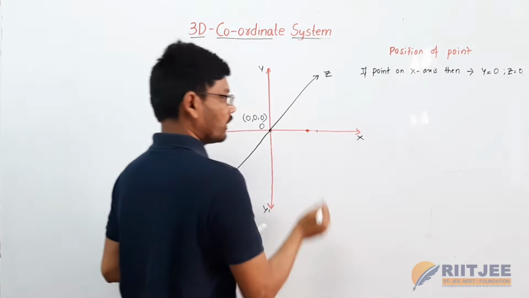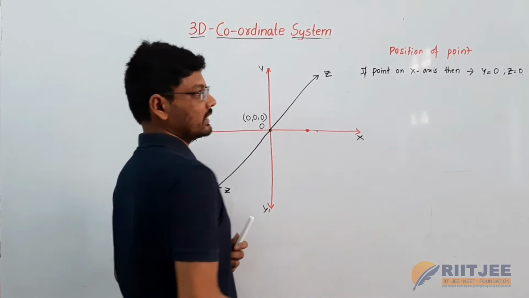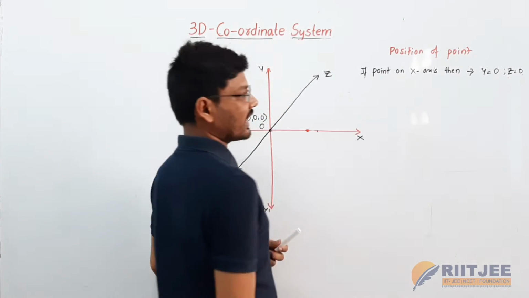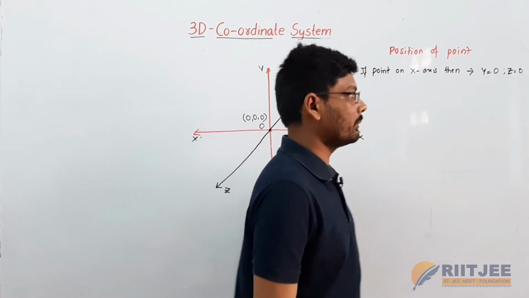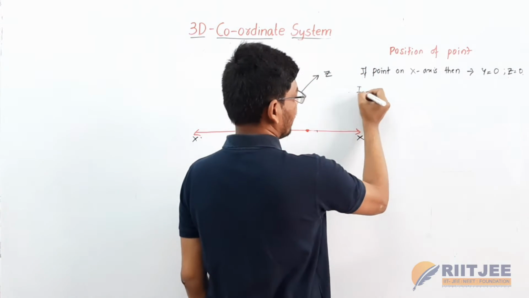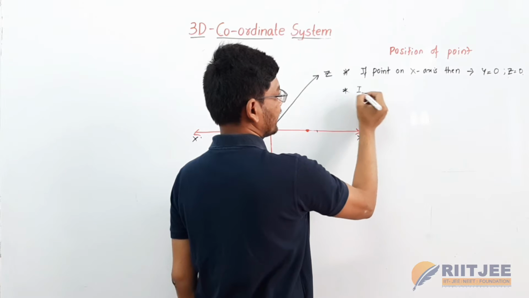So if a point lies on the x-axis, then the y ordinate and z ordinate will become 0.